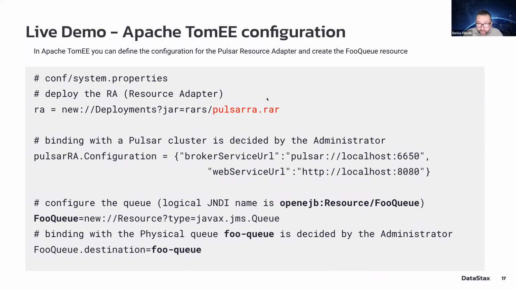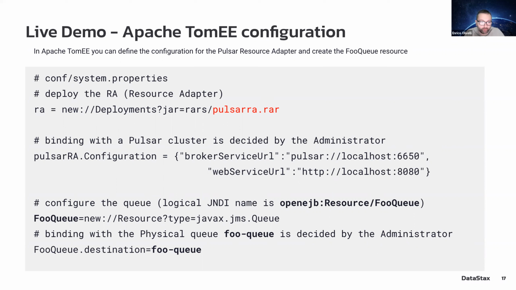In the example that I'm going to show you later, we will see Apache TomEE. In TomEE, deploying the resource adapter is very easy. You just have to put the RAR file somewhere, and you deploy the RAR, you pass the path, and you configure it. And also, you can create the queue.